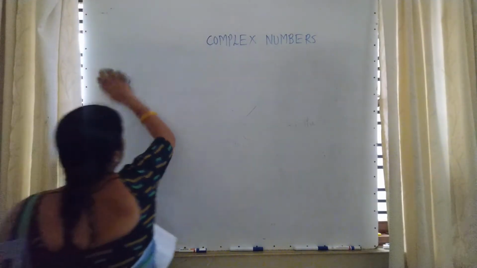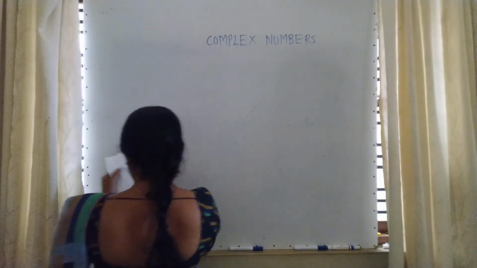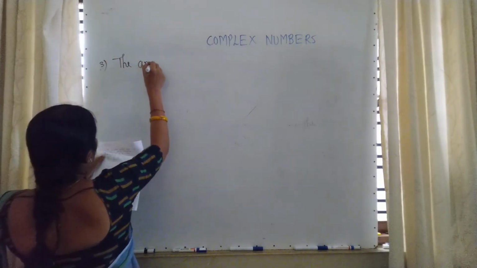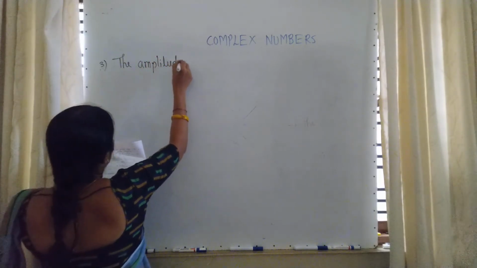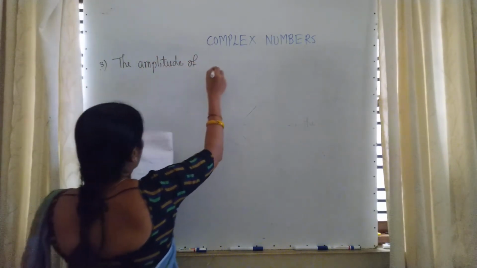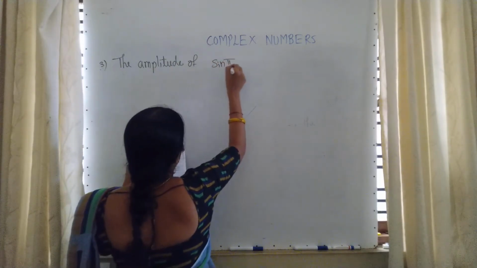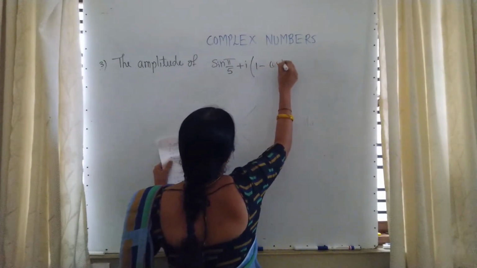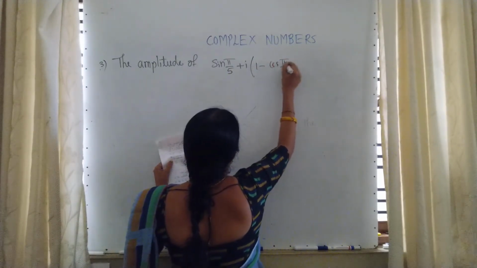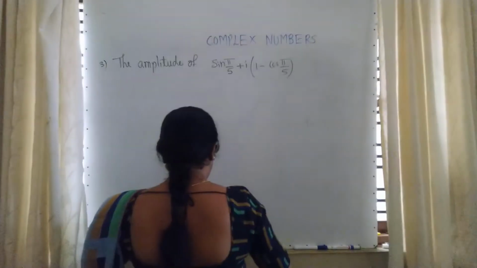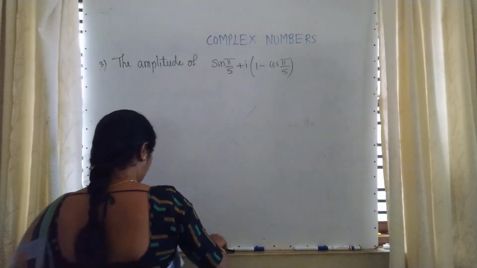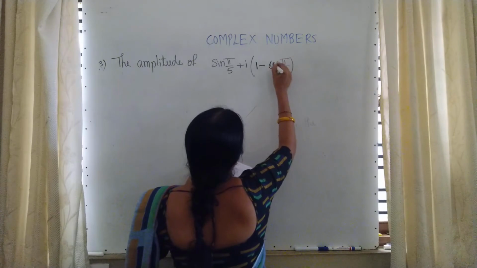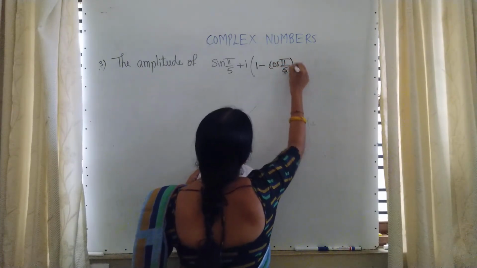Moving to the third question. The amplitude of sin pi by 5 plus i times (1 minus cos pi by 5) is... Amplitude means angle.